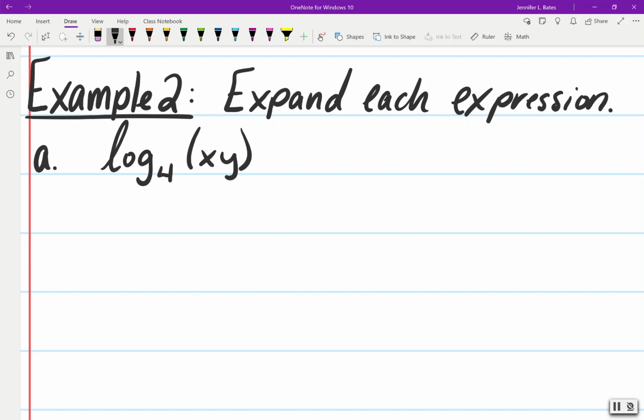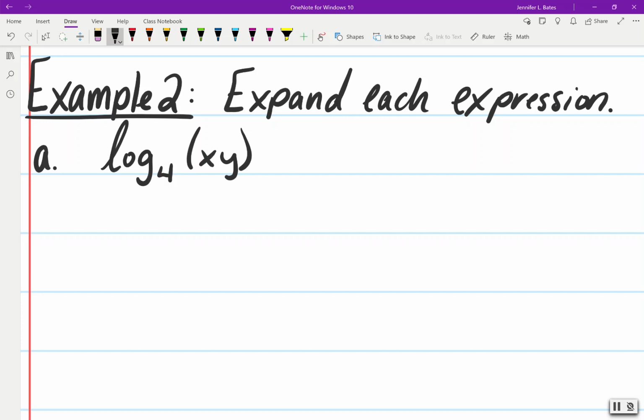So we're going to look up at our log properties written on the whiteboard or at the top of our notes, and say which log property, 1, 2, 3, or 4, has 2 pieces in the argument that are getting multiplied. Show me on your hand.